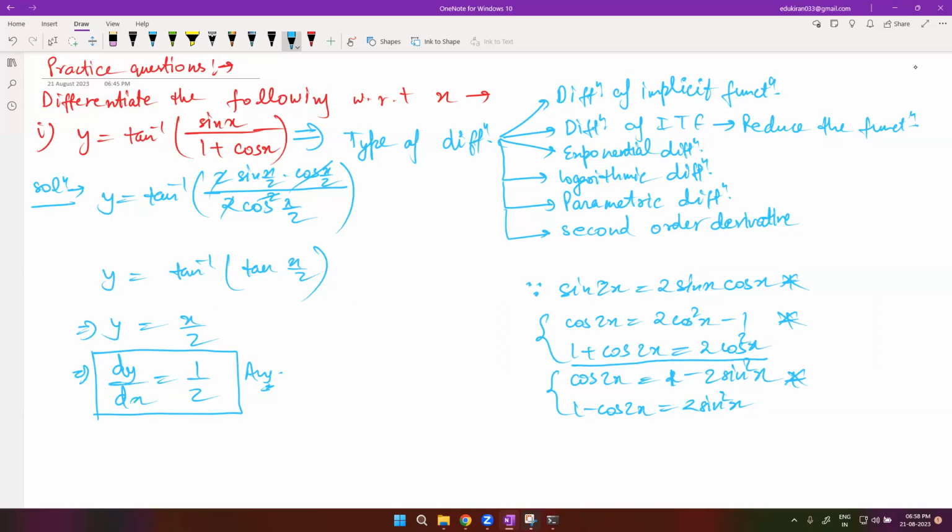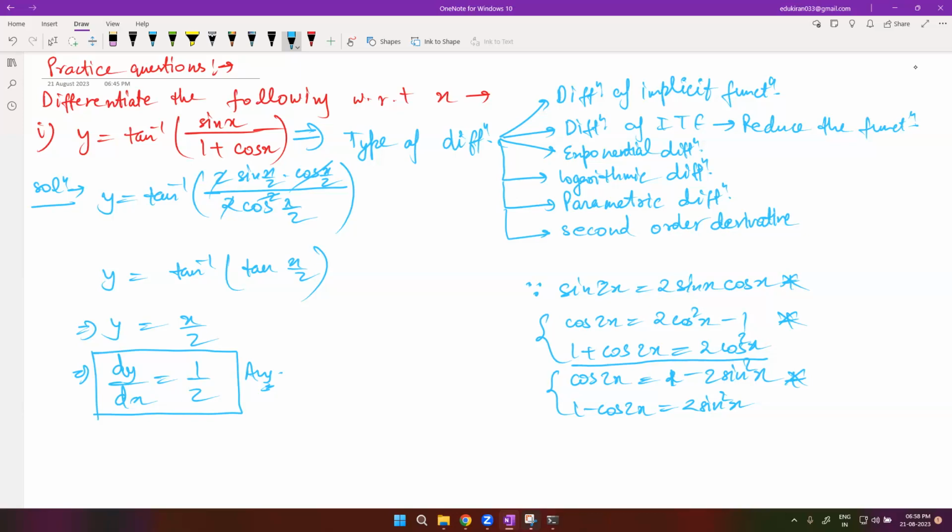So now we will try to apply all of these set of rules. The questions will be randomly distributed from any of the rules and we need to solve them.